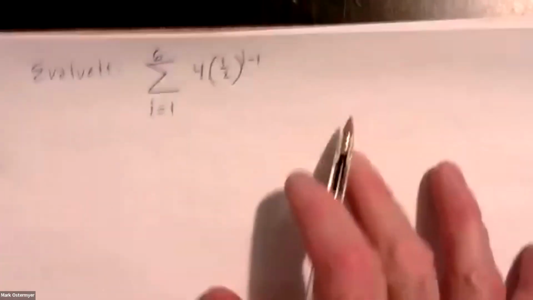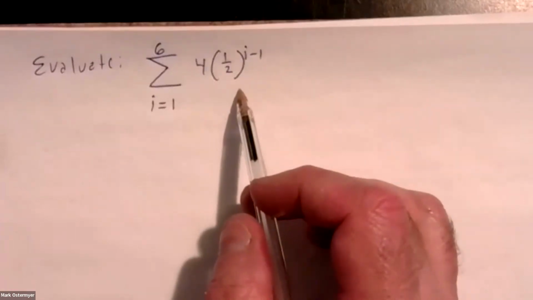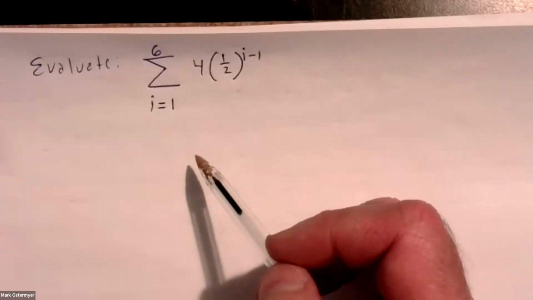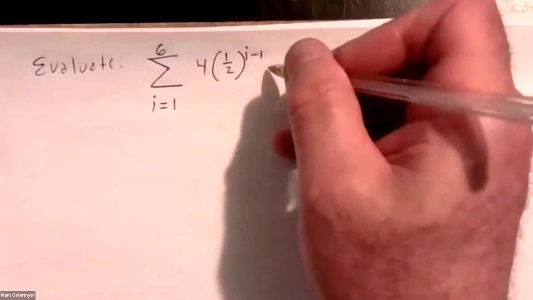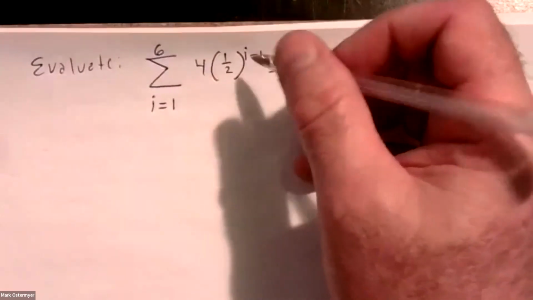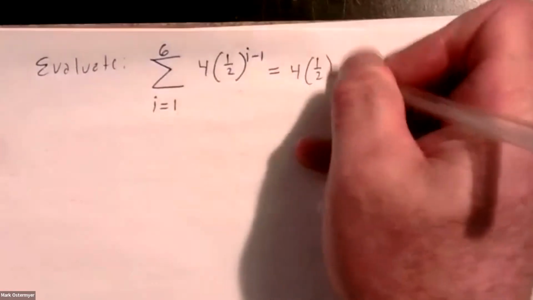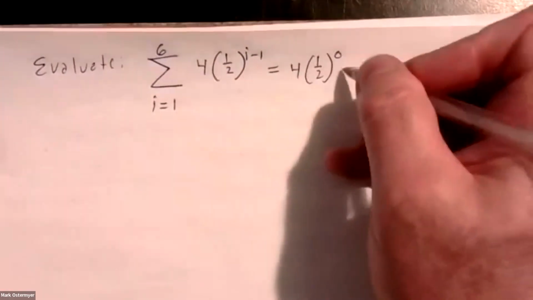Okay, so we want to try to evaluate this sum here. Which means we're adding up the first 6 terms of this geometric sequence here. I'm going to list the first couple of terms here. I let i be 1, and I'll have 4 times 1/2 raised to the 1 minus 1 or the 0th power.